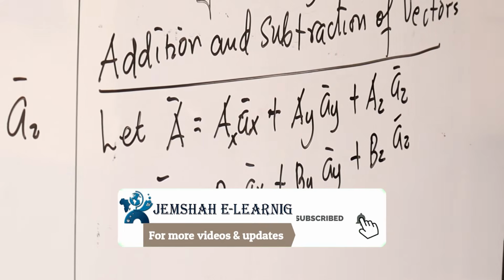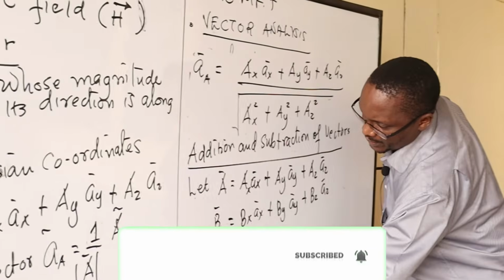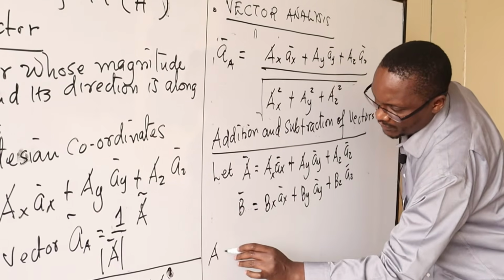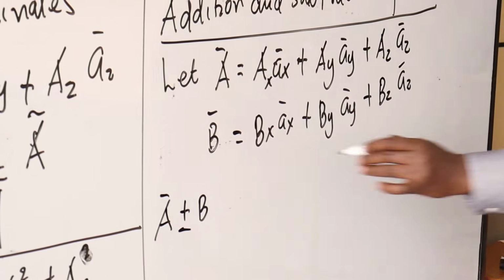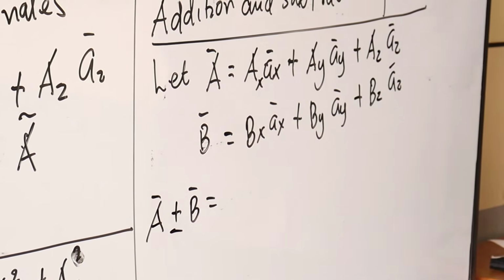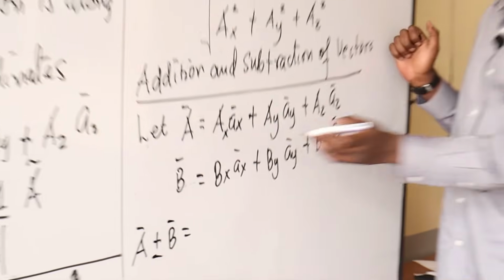Now if we add the two, addition and subtraction, we can just use this. If we are supposed to add vector A plus or minus vector B, it is just like the way we do algebra.